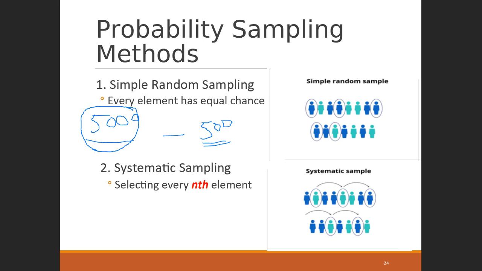But if you have one, you contact the human resource department or the admissions department, they provide you with the list of 5,000 students, their emails, their WeChats, etc. Everything is there. Now you feed that list into Excel. Excel is one of the ways to generate random numbers, and you can put in a formula that you want 500 randomly generated names. That would be your simple random sampling.